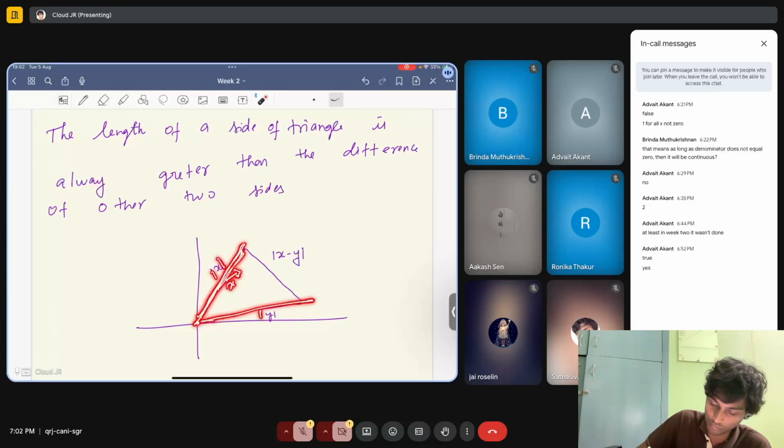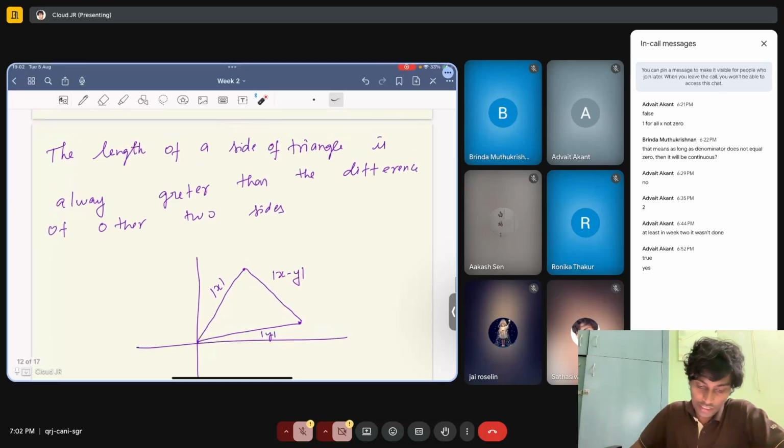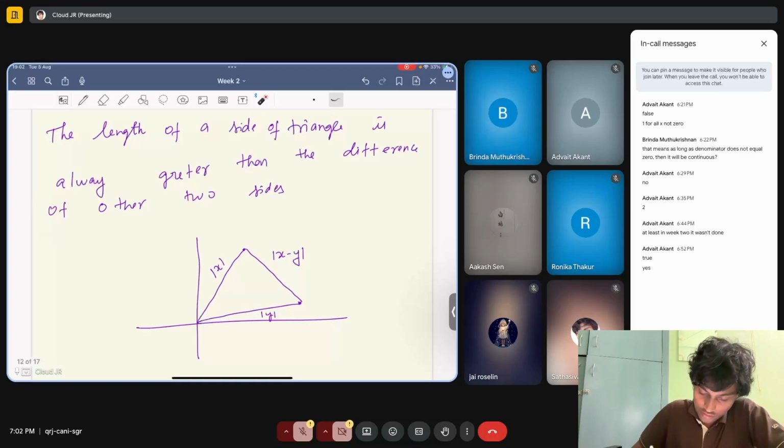Another side became mod y, and the third is mod of x minus y. So the side of this is always greater than or equal to the difference of this side and this side. That is what it tells you.